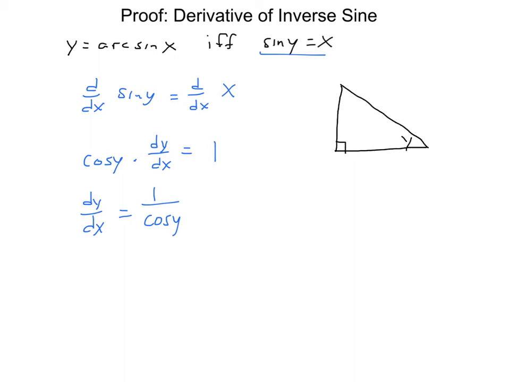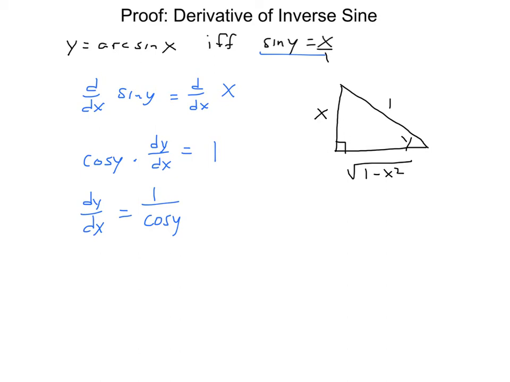Since the sine of y is x, or x over 1, I know by SOHCAHTOA that my opposite is x and the hypotenuse is 1. And then using the Pythagorean theorem, I can find that this missing side, this other leg, is equal to the square root of 1 minus x squared.